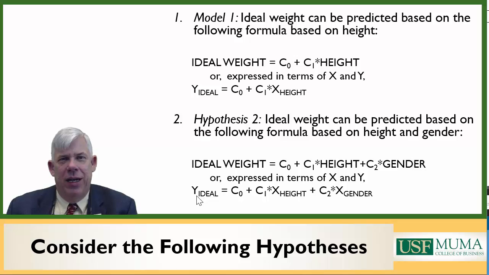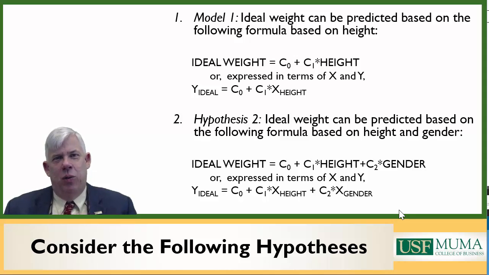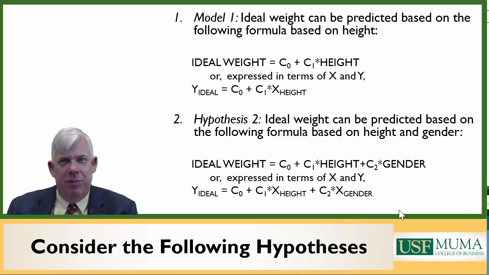So expressing in terms of x and y, our dependent variable y is equal to a base constant plus a constant times x height plus a constant times x gender. And these models are more useful for a manager than the pure hypothesis test because they actually allow us to predict ideal weight as opposed to just telling us that gender affects what the ideal weight is.